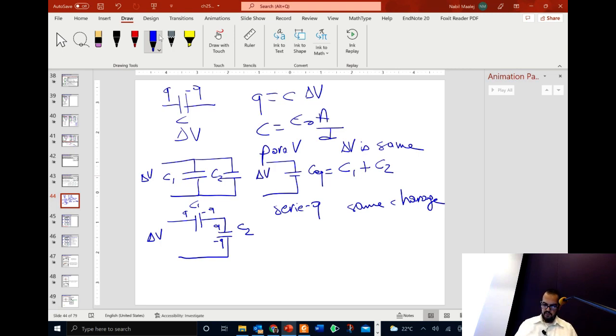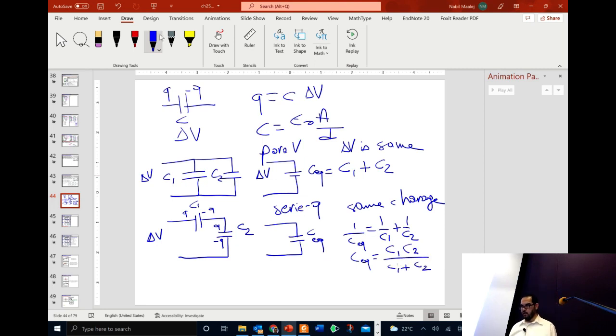Now, for the equivalent capacitance of capacitors in series, we said 1 over C equivalent is equal to 1 over C1 plus 1 over C2, and so on. If you have more capacitors, you can keep adding. We deduced that C equivalent is just equal to the product divided by the sum, C1 C2 divided by C1 plus C2.